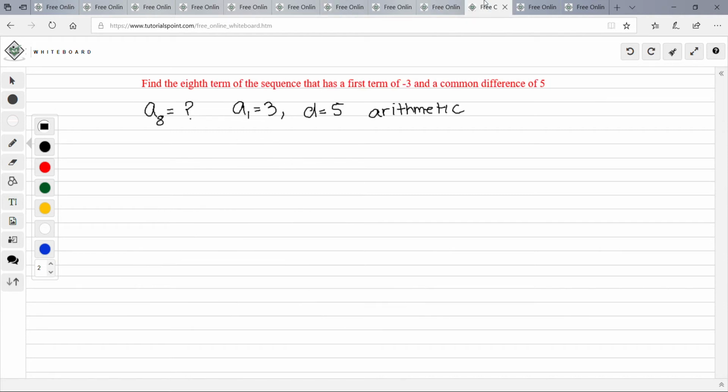Find the 8th term of the sequence that has the first term of -3 and a common difference of 5. So we gotta find the 8th term.